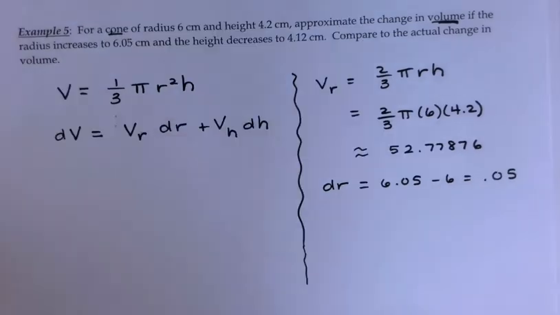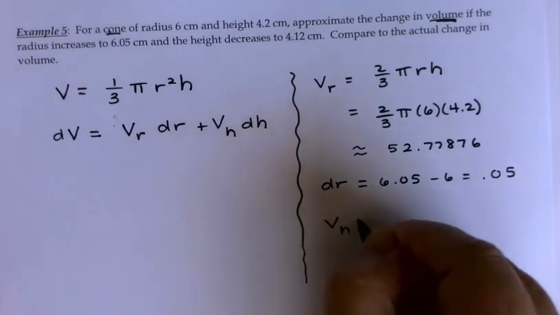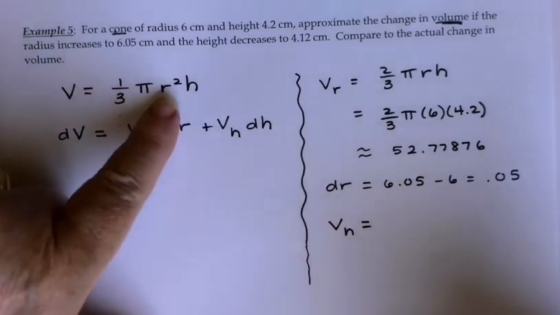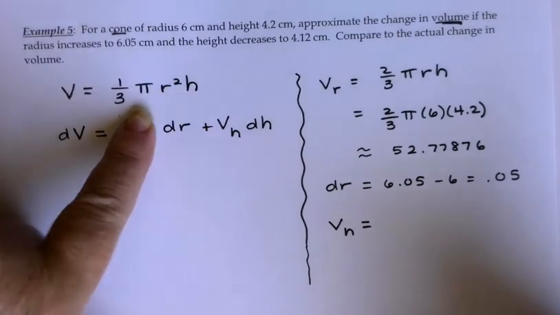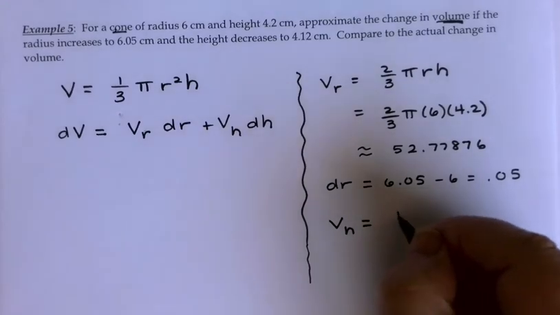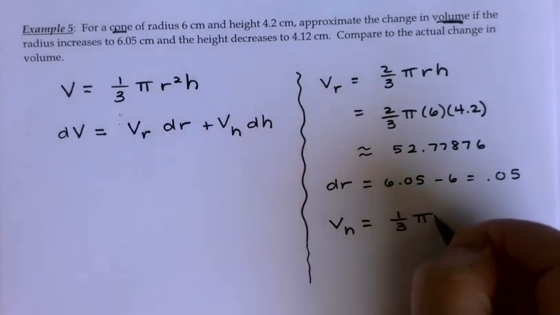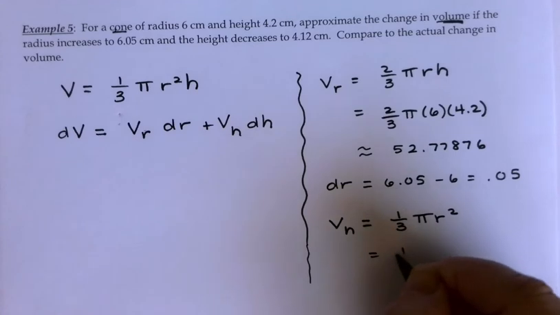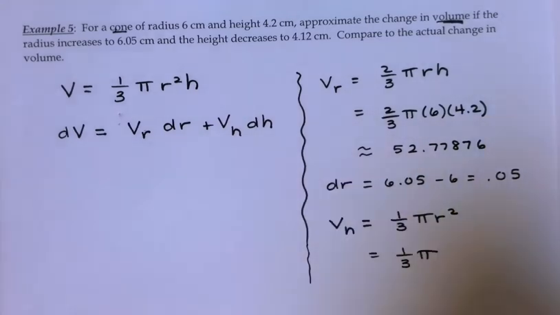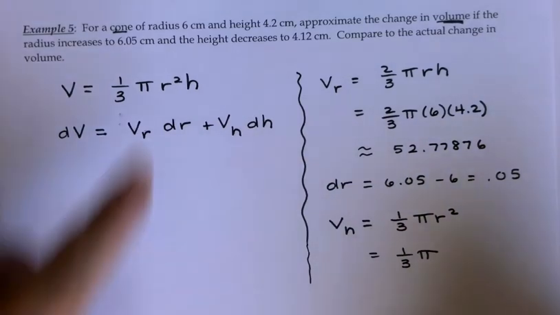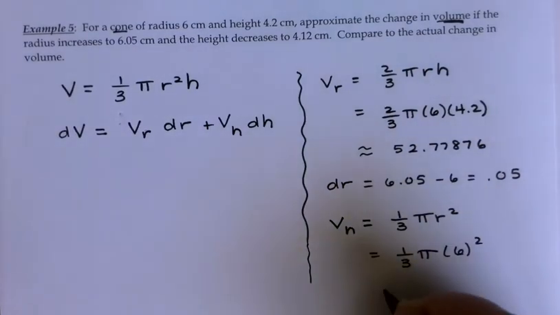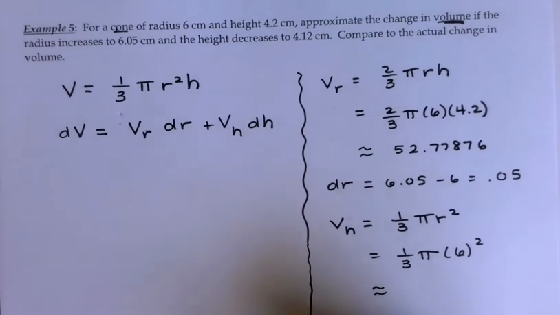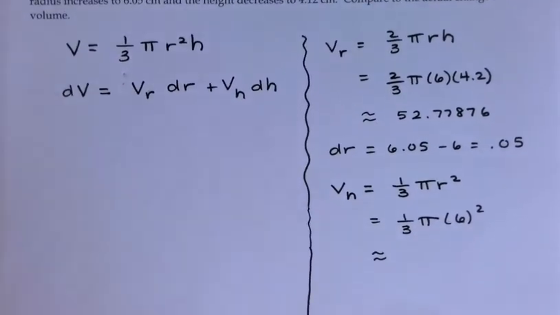And then we need V sub h. The derivative with respect to h, that h is just going to become 1, so I'll just get a 1/3 pi r squared. And again, when we plug in at this point, we always plug in our original values. So I'm going to plug in the 6 for the r. And again, just to make this a little easier to substitute, I'm going to get a decimal value, but I'm going to keep quite a few decimal places.